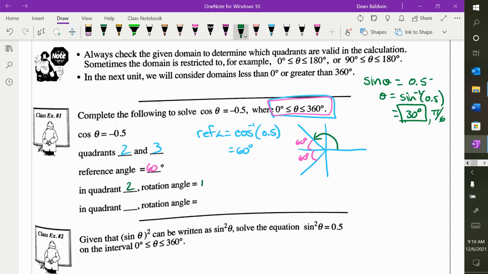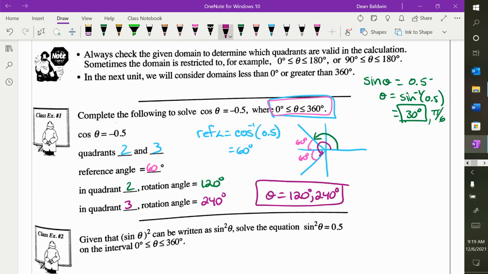So in quadrant 2, the rotation angle is 120. What is the rotation to go all the way to there? 240 degrees. So theta is equal to 120 and 240. Is that okay?